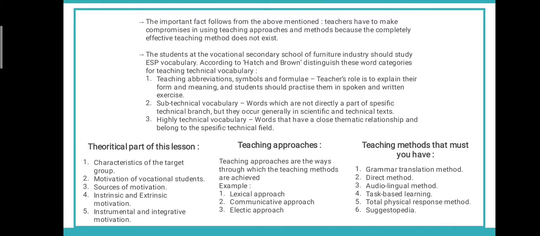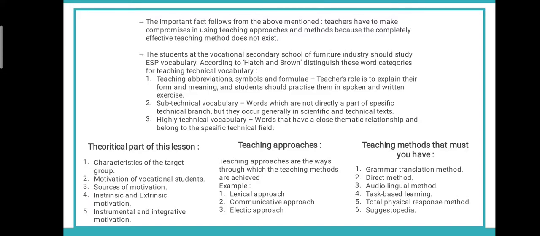The important fact follows from the above mentioned. Teachers have to make compromises in using teaching approaches and methods because the completely effective teaching method doesn't exist. The students at the Vocational Secondary School of Furniture Industry should study ESP vocabulary. According to Hodge and Brown, we distinguish these word categories for teaching technical vocabulary. Number 1. Teaching abbreviations, symbols and formulae.